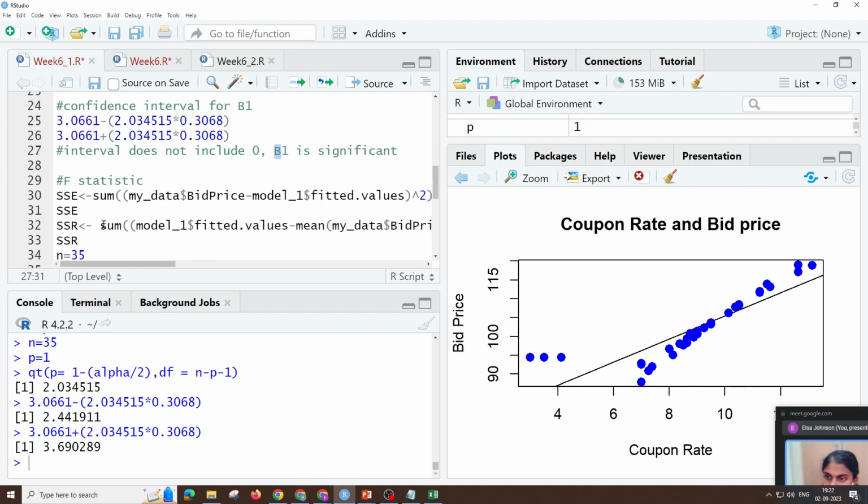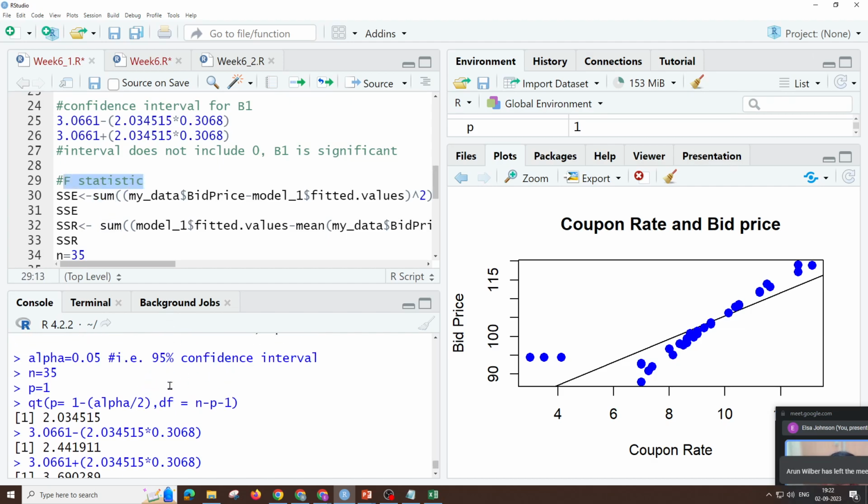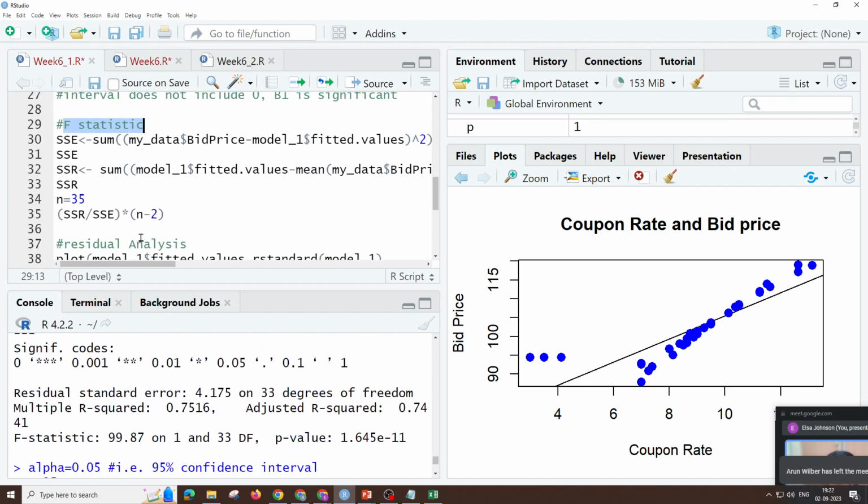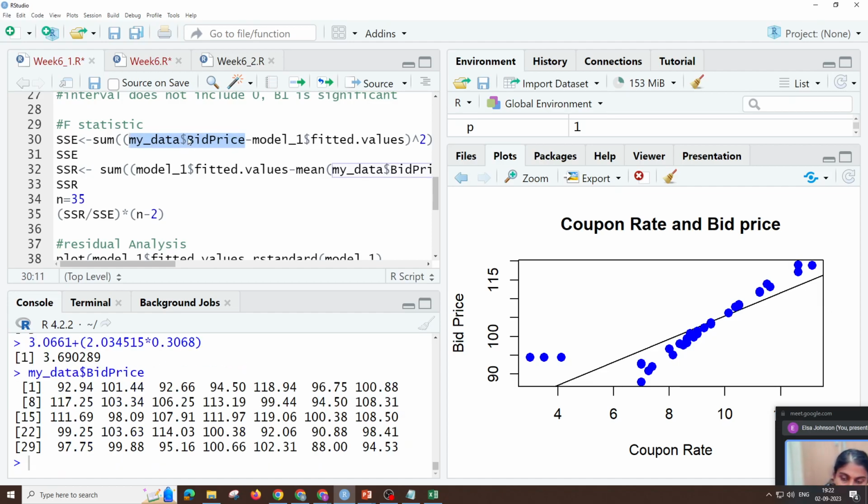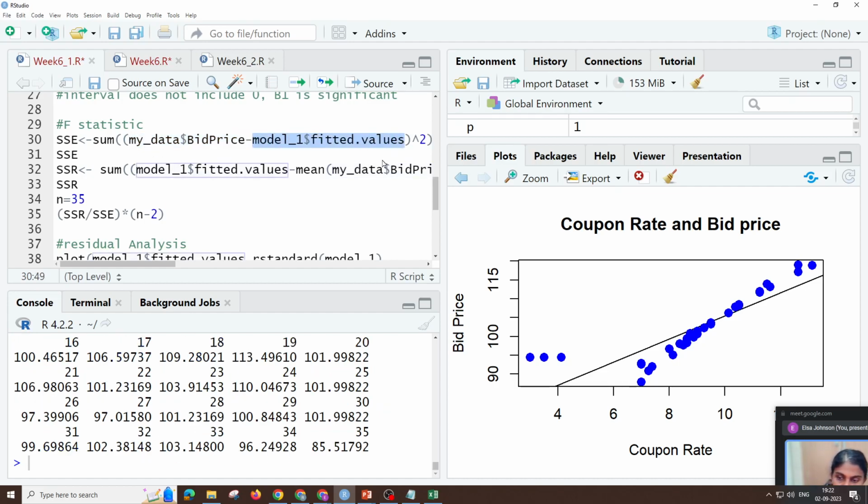Now finding out the SSE value. This is how you can find it out. For the F statistic, it's already available from the model, but if you want to calculate it differently, you can first find out SSE, which is the sum of the squared differences between my data bit price and the fitted values, the predicted values.